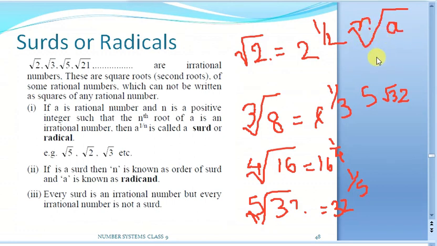If it is the nth root of a, you can write it as a power 1 by n. If it is cube root, it will be 1 by 3. If it is fourth root, it will be power 1 by 4. If it is fifth root, it will be power 1 by 5. And if it is the nth root, we generally write it as a power 1 by n, with n being the number inside. So this is how we write the nth root of a number a.